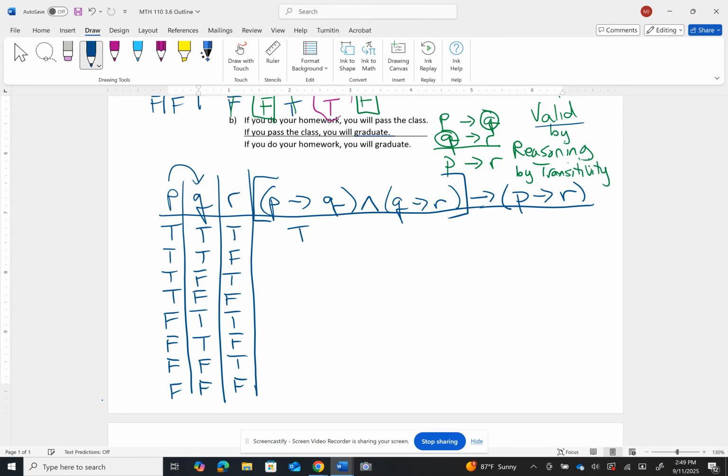So I know that it's only false when I get a true followed by false. So remember, I'm looking at these 2 columns right here. And you see I have a true followed by false in both of these. But then if it starts false, we learned it's going to be true all the way down the line.